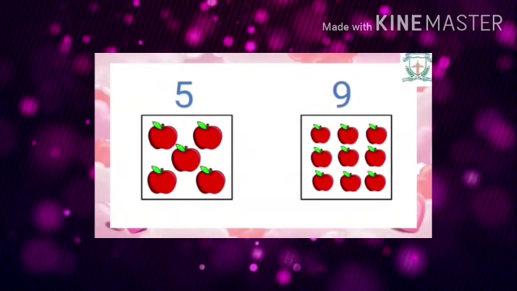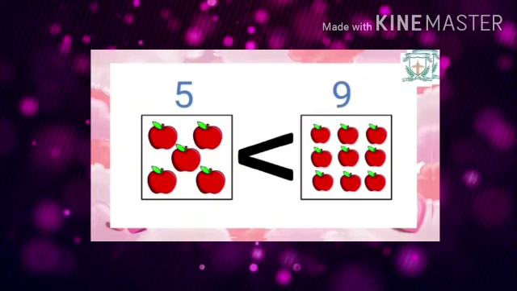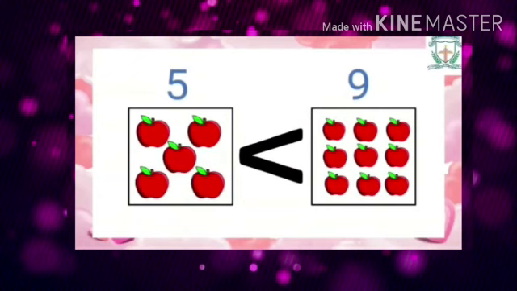Which is the greater number here? Yes, it is 9. So the crocodile's mouth opens towards the number 9. The closed part points to the smaller number. So we read this as 5 is less than 9.